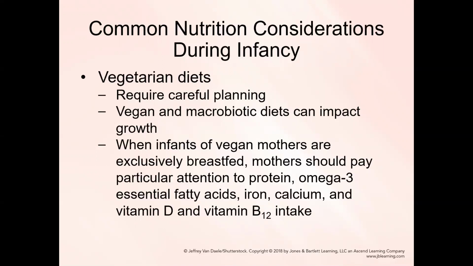Because of the fact that we know that there can be serious vitamin deficiencies, in particular protein, getting in enough of those essential fatty acids, iron, calcium, vitamin D, B12. So it is extremely important for these infants to be closely followed to avoid any deficiencies.